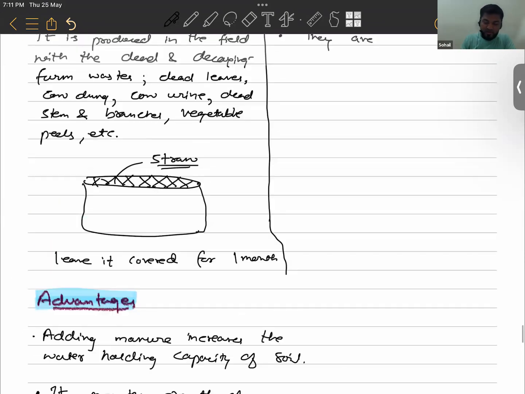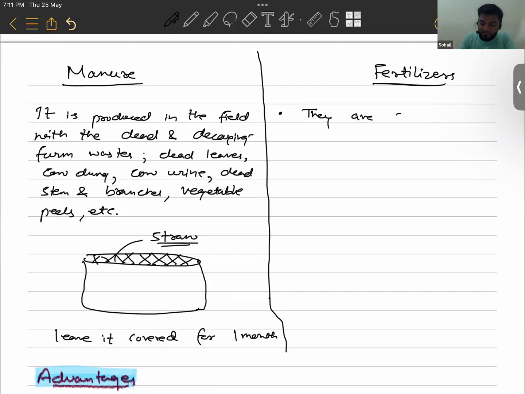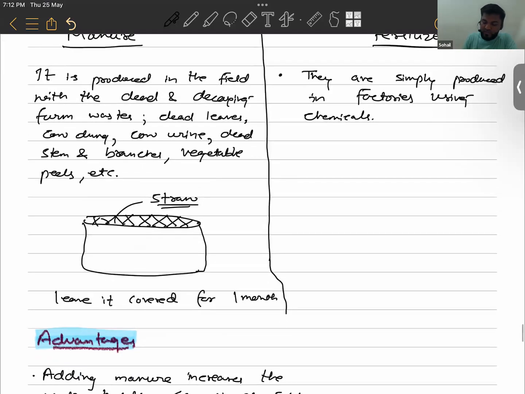Now talking about fertilizers, you know that they are simply produced in factories. Using what? Organic matter or chemicals? Chemicals. By using chemicals. Okay.